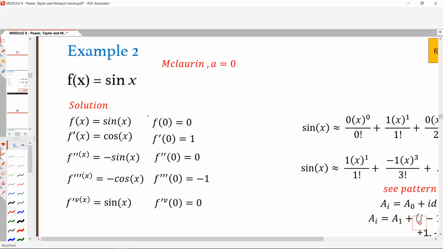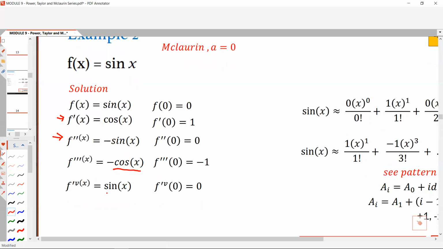The first derivative is cosine x. The second derivative is negative sine x, since the derivative of cosine x is negative sine x. The third derivative is negative cosine x, and the derivative of negative cosine x is sine x. So it goes back to the original function.